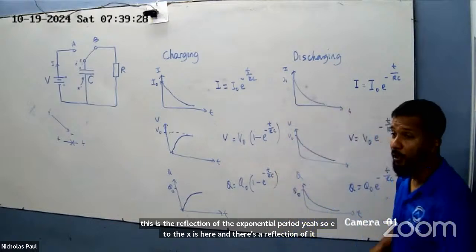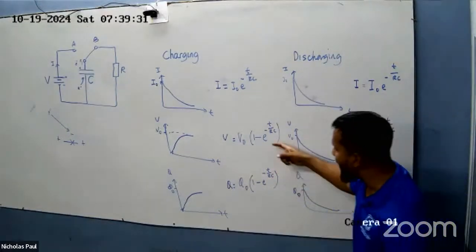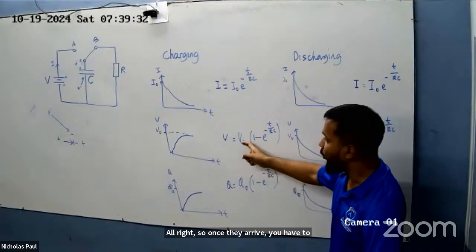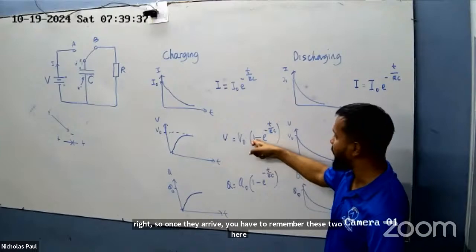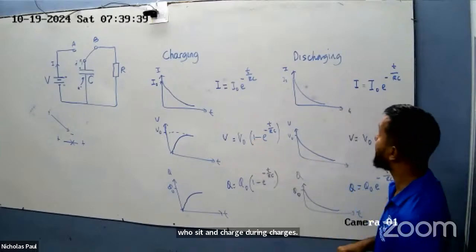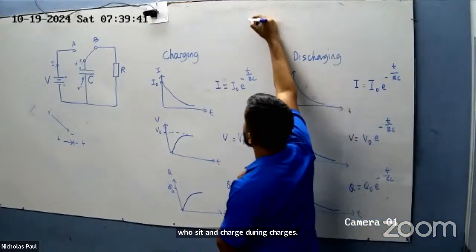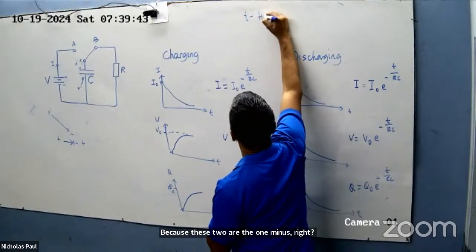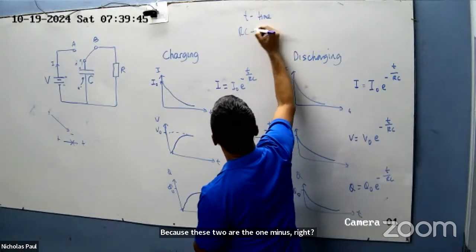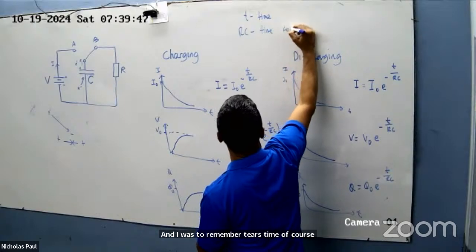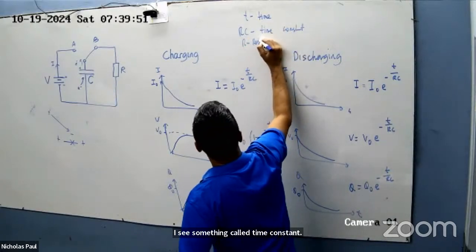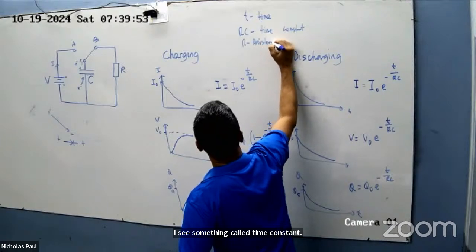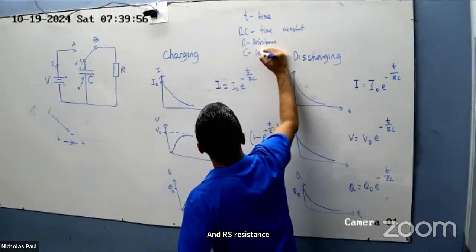All right. So the ones that you really have to remember are these two here: voltage and charge during charging, because these two have the 1 minus. And I want you to remember T is time, of course. RC is something called the time constant. R is resistance and C is the capacitor.